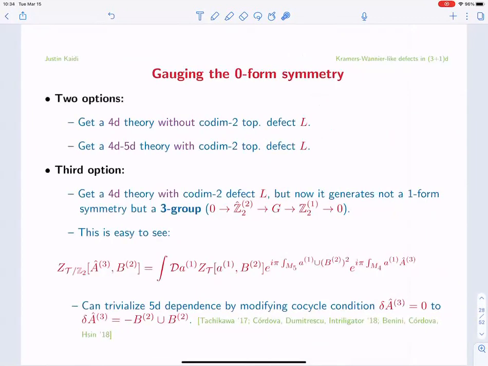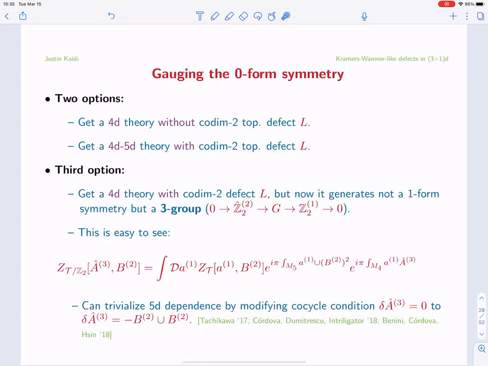And the third option is the following. In this case, we had a 4D theory, but no defect L. In this case, we had a defect L, but we had a coupled 4D, 5D system. It seems like we can't have our cake and eat it too. That is to say, we can't just have a 4D theory also with the defect L. But it turns out that you can have this.